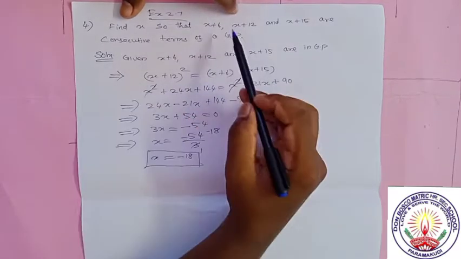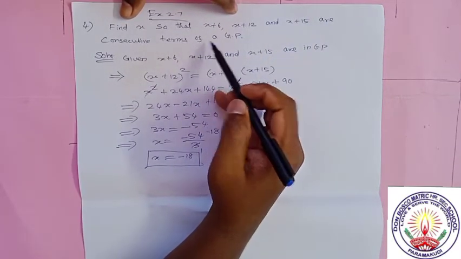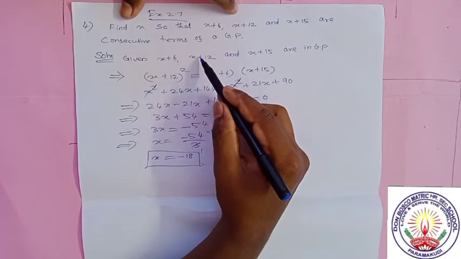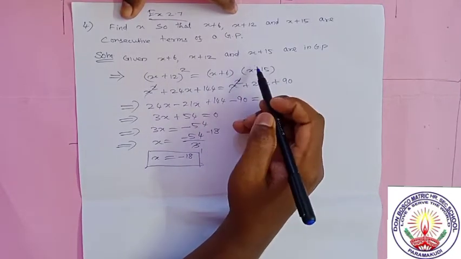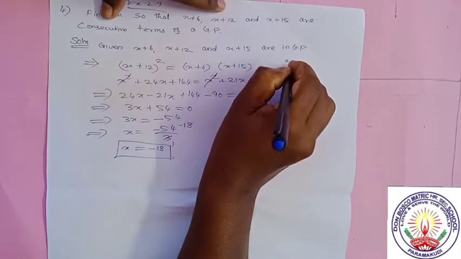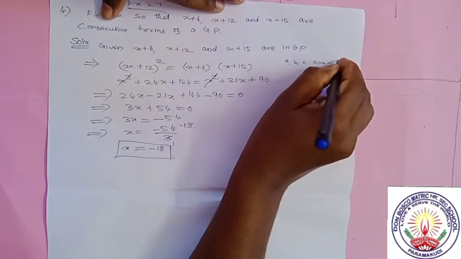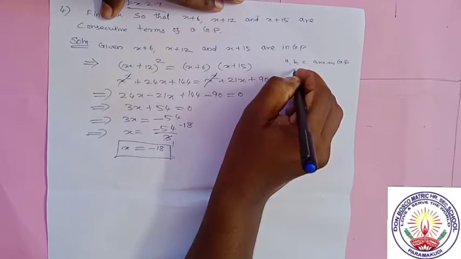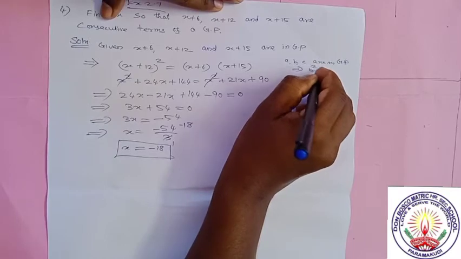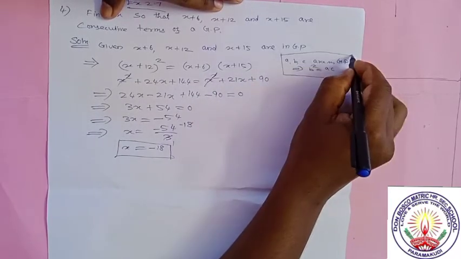What is given? x plus 6, x plus 12, x plus 15 are consecutive terms of a GP. That means square of the second term is equal to first term into third term. What is the condition? The condition is, if A, B, C are in GP, which implies B square is equal to A into C. This is the condition we have used.